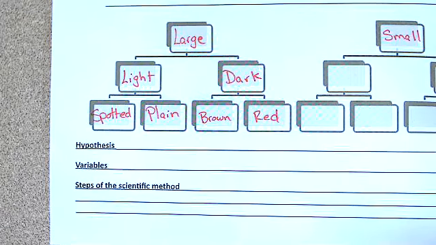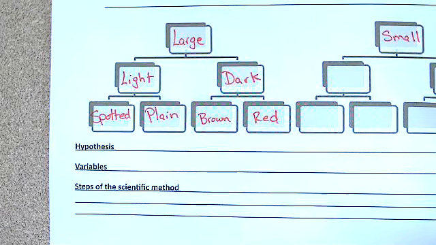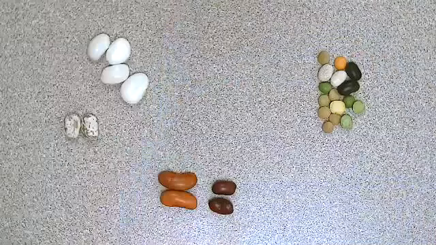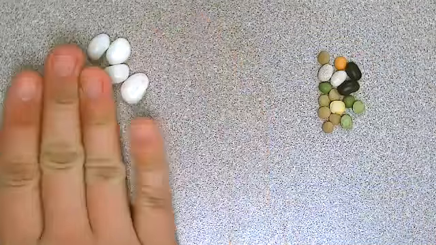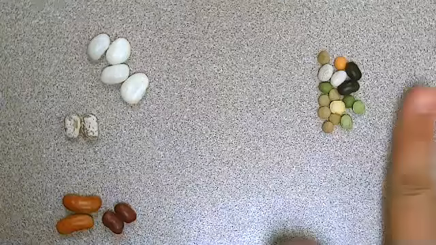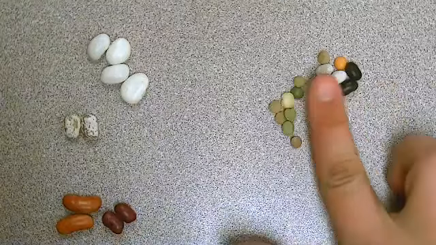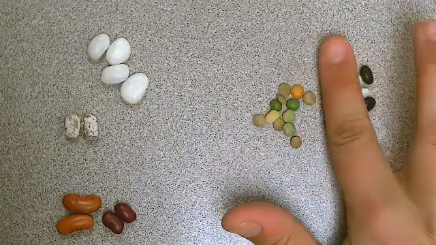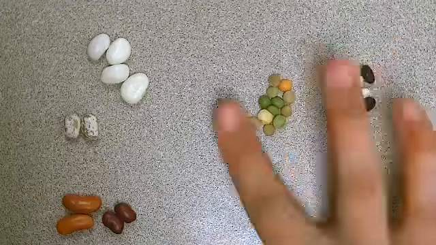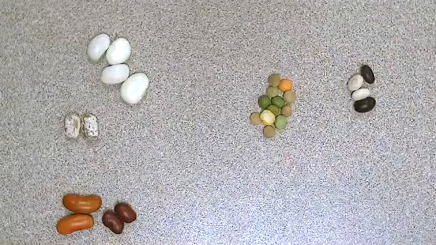All right, now let's move on to our small group that we started with. So we're done with these beans, and now we're going to focus just on these. Okay, so I think my first grouping I'm going to do is round. So all of these are round versus oval. So I have round beans and then I have oval beans.